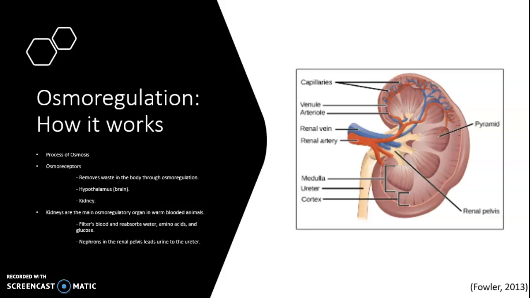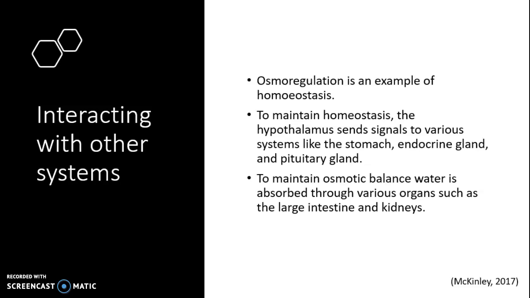And then the nephrons lead to the renal pelvis, which leads the urine to the ureter. So again, once you have too much water in your system, you can see by the diagram on the right, the renal pelvis will send that water to the ureter, which is basically a tube that leads down to your bladder, and then you'll pee out that excess water.